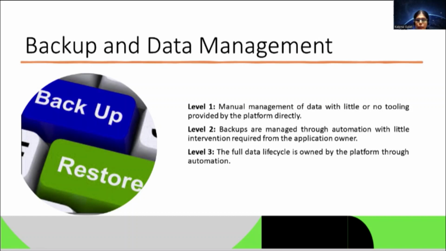And then obviously around backup and data management. Manual management of data with little or no tooling is exactly what is happening in a couple of things. But there are many organizations who do take regular backups through automation with little intervention required. The ideal approach should be that the entire data backup should be automatic.